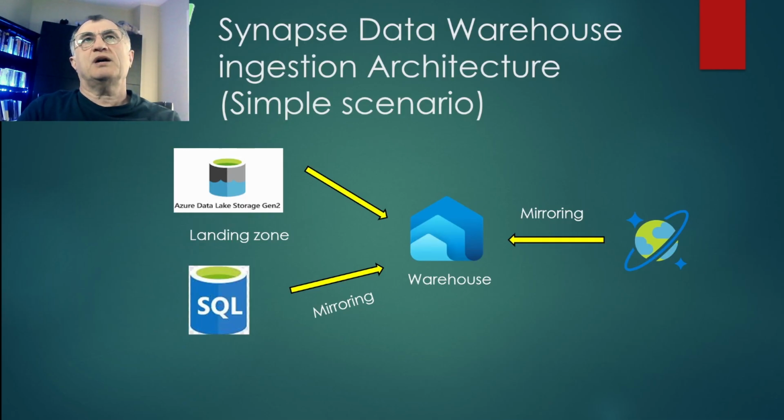Let's discuss some sample data ingestion architecture for data warehouse. The architecture you see on the screen represents a relatively simple architecture with direct data ingestion. In this scenario, you can have your data in data lake storage. You can use, for example, your Fabric data pipeline to bring the data there.